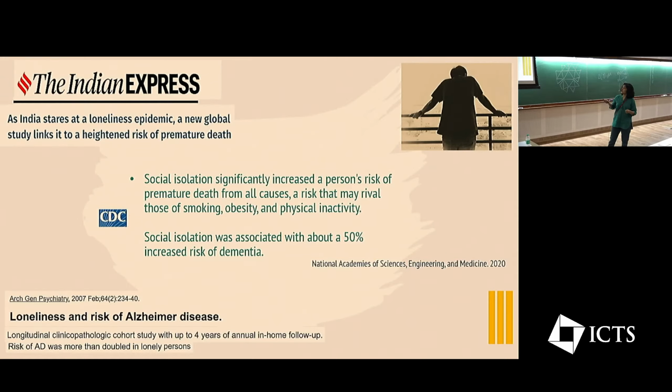Social isolation was associated with about a 50% increased risk of dementia. So what these facts suggest is that our social lives are not just incidental, but an important contributor or determinant of our day-to-day well-being.